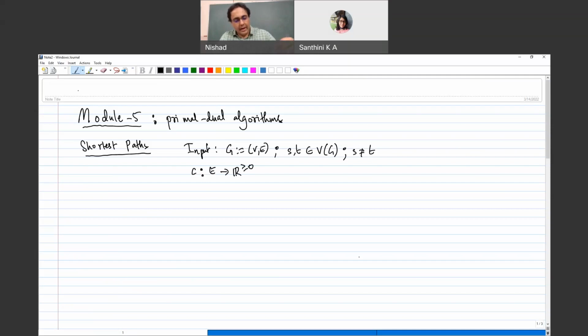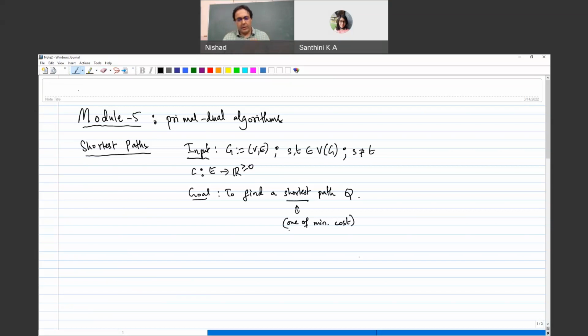Okay, and our goal is to find a shortest path, let's call it Q, and in particular shortest here means one of minimum cost, right?